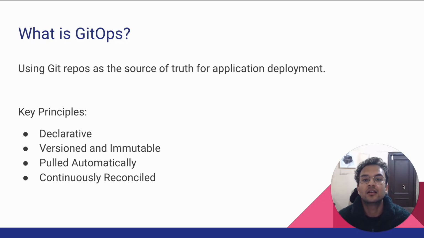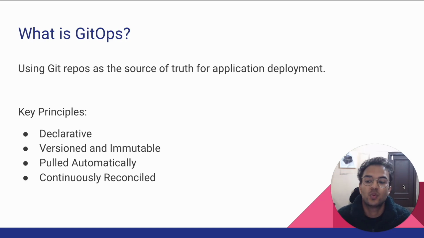Just like with Kubernetes, you don't have to give exact instructions about what steps to undertake. Instead, you just define what the final state should look like. A system is declarative in nature if it only needs the final state and not the exact steps to reach that state. So a GitOps system has to be declarative.